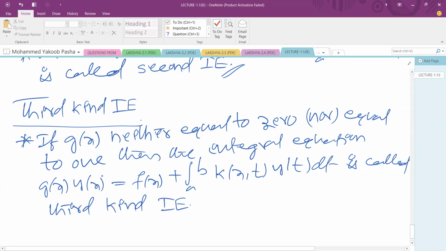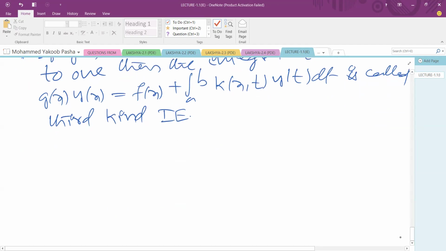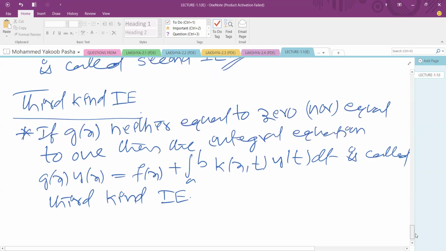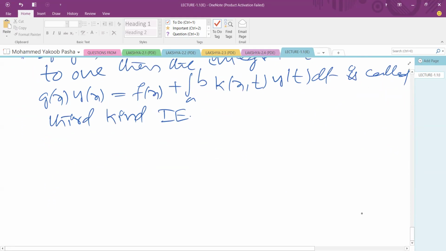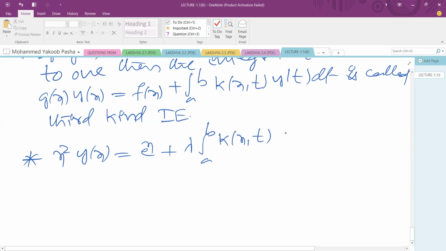It may be x, x square, x cube, sin x, cos x, whatever the value, but it is never 0, never 1. For example, x square into y of x, here g of x is x square, is equal to e power x plus lambda into integral a to b k of x comma t into y of t into dt. This is an example of third kind integral equation.